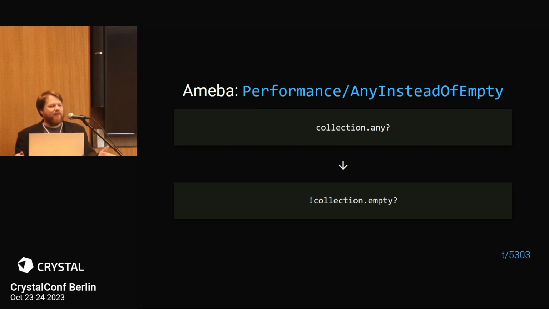If a linter says one method from the standard library, you shouldn't use that, maybe something's wrong with that method, or it definitely doesn't make sense to have such a rule in the linter, I would say, because either the method is good or it's not good, and if it's not good, then maybe it shouldn't be there in the first place, and the linter shouldn't have to worry about it.